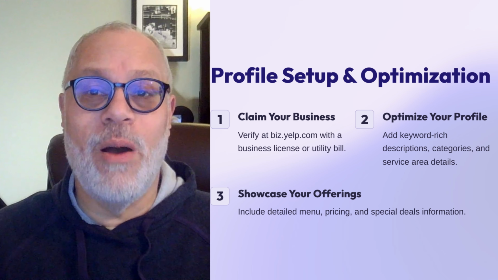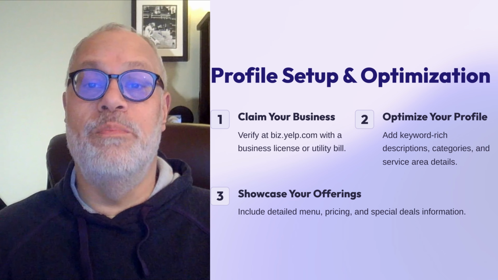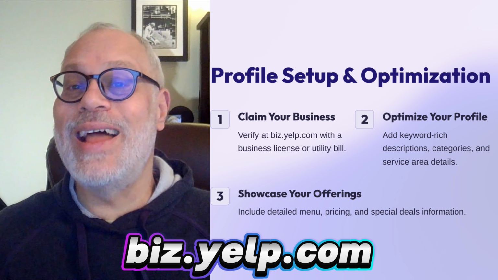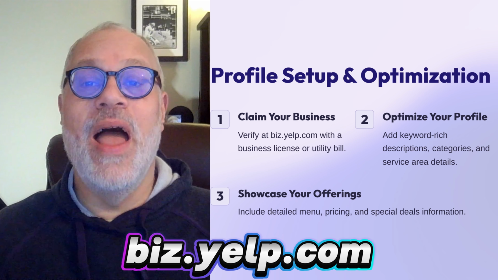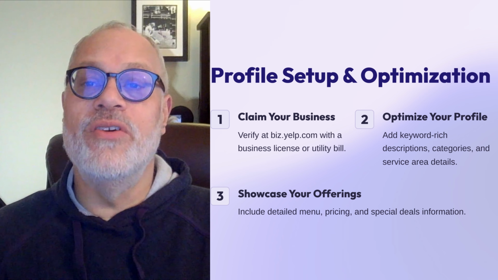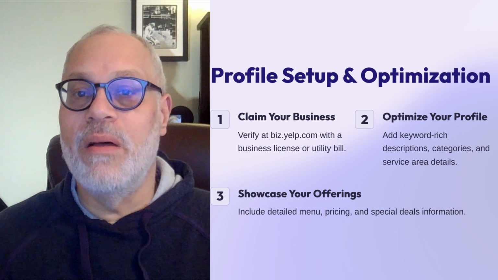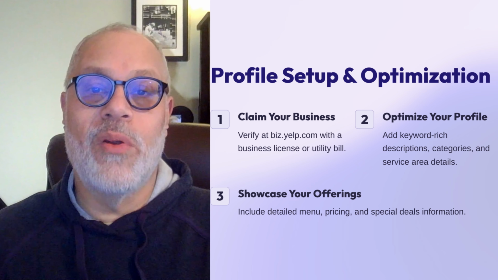Keep that in mind. Some things you want to do. First, how you get your Yelp profile up. Let's say you haven't done anything yet on Yelp. Go to biz.yelp.com and you're going to claim your business. And you're going to need to verify it, which is simple. You'll submit either a business license, could be a utility bill. There's a lot of options for a required document.